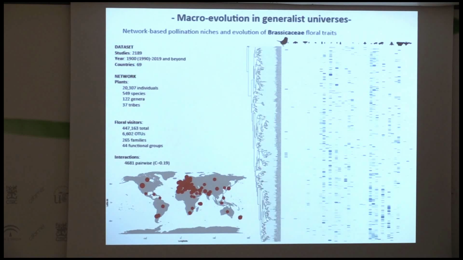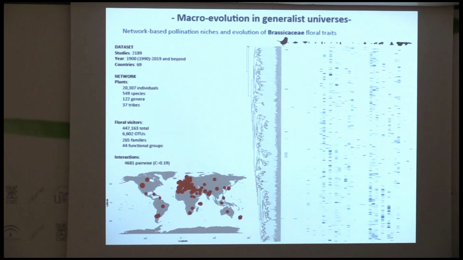The study mixes my own data and the data that many people are just giving to me when, for example, they publish a network. I ask for the specific information for the Brassicaceae species in the network, and many people are just sending me the data.